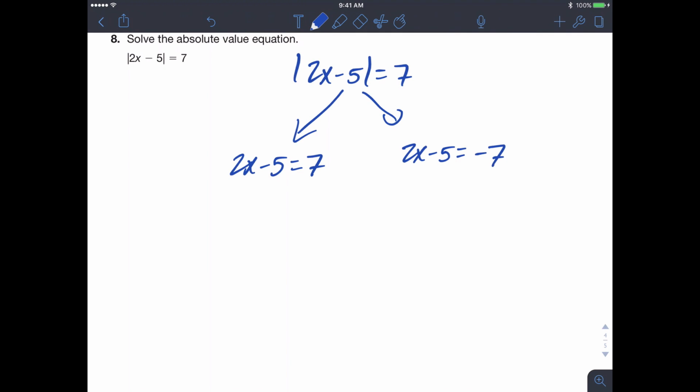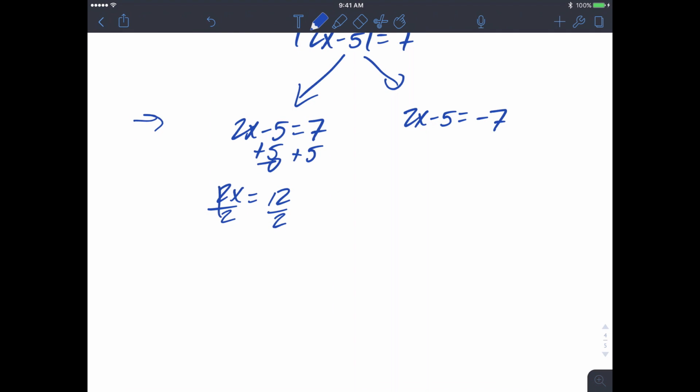So once we break it up, we get rid of the absolute value signs, or absolute value bars, I don't know. So let's go ahead and solve the one on the left first. Just going to isolate the variable, so add 5 to both sides. 2x equals 12. Divide by 2, divide by 2. Bam. x equals 6.